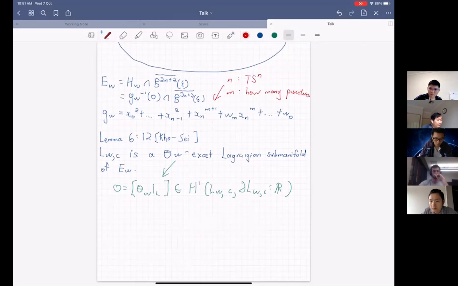I don't think there is any boundary. This is an exact Lagrangian sphere. LWC is a sphere, so there's no point to have a boundary. I don't see why there is a boundary here. So this is lemma 6.12.